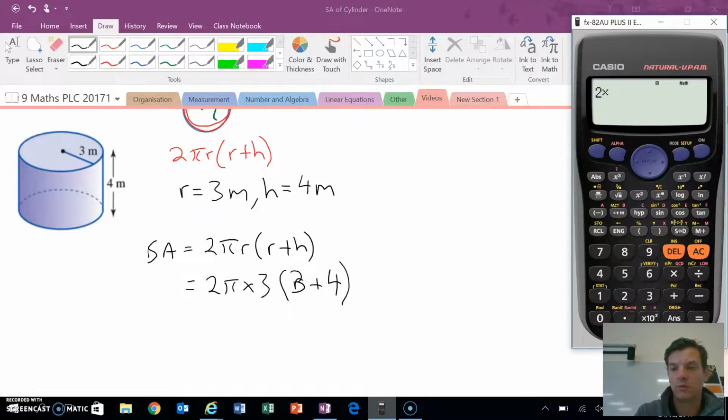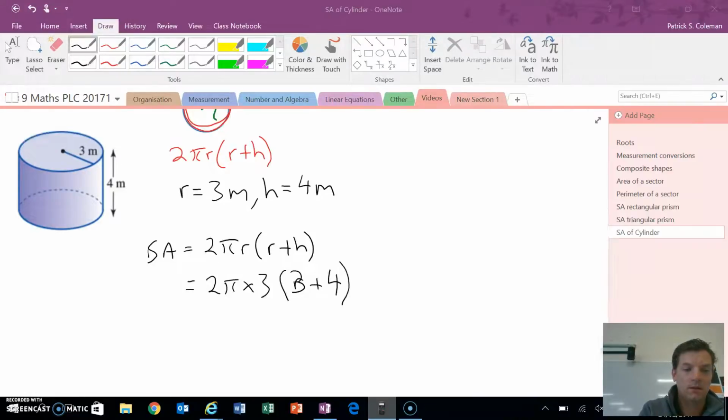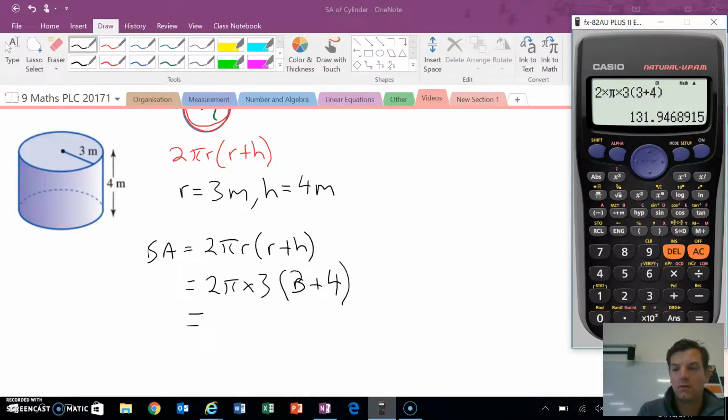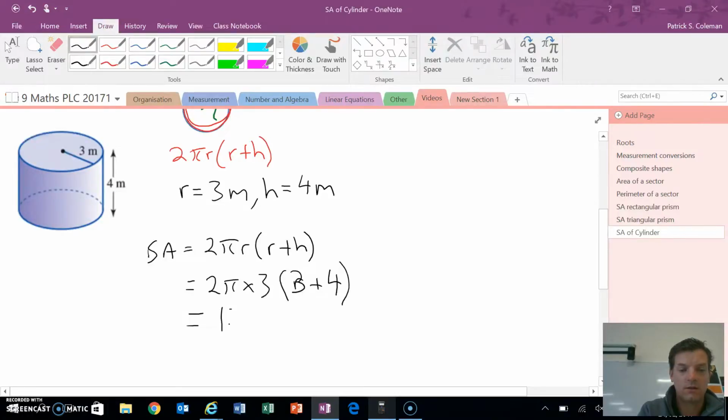So 2 times by pi times by 3 bracket 3 plus 4 bracket equals. So our total surface area is 131.95, rounding to the second decimal place. 131.95, and our unit of measure is meters. And if we're talking about area, we know it's going to be squared.